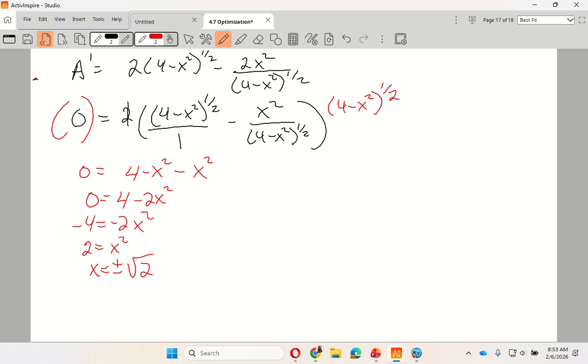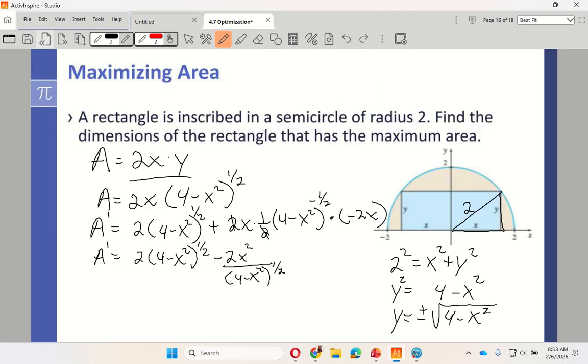So from my diagram, that means that this point right here is positive rad 2. This one right here is negative rad 2. Find the dimensions that has the maximum area. Okay, so now I have that, I can plug it in. Got to try and find y. So I'm going to use that y that I have down there with the plus and minus.